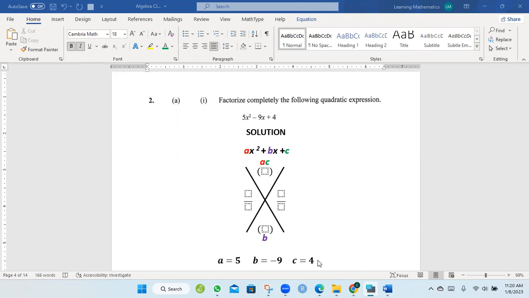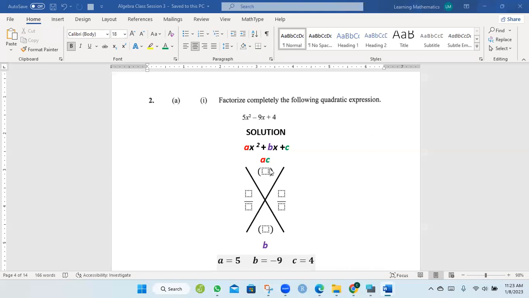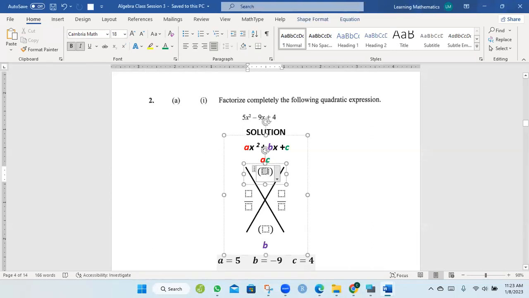So a is 5 and c is 4, so 5 times 4 is 20. So you write 20 here. That's the value of ac. Now the value of b, which is negative 9, comes here.